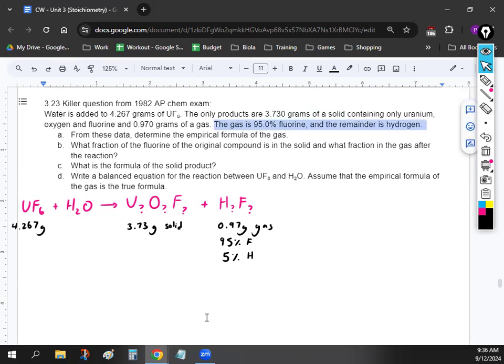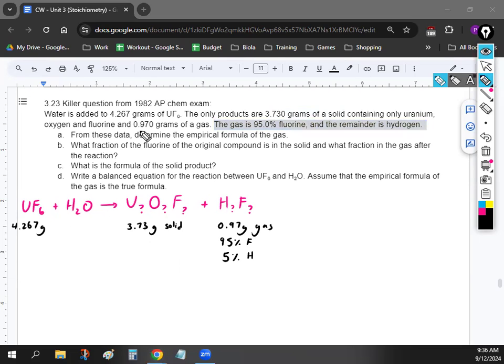Okay, so one of the trickiest parts of AP Chem is looking at this problem and pulling out all the information that you can get, and then just try to write it in a way that makes sense to you. If you organize it differently than I did, that's totally fine. But you should have gotten something like that for your chemical reaction, and then just this information about those compounds. Okay. All right, let's do part A.